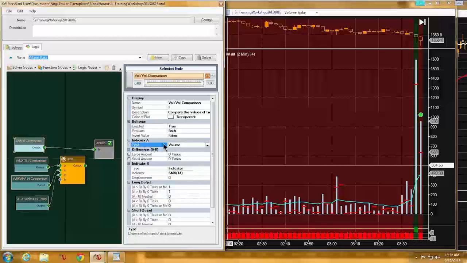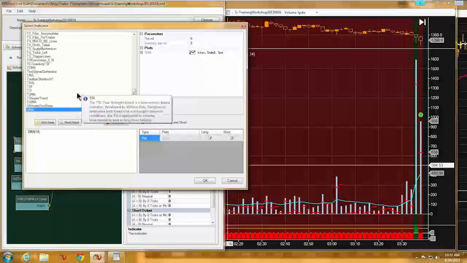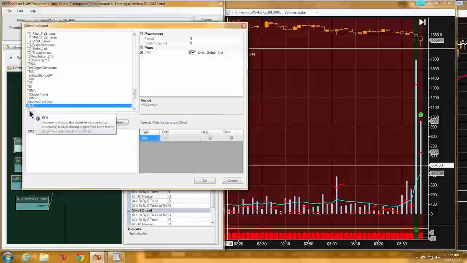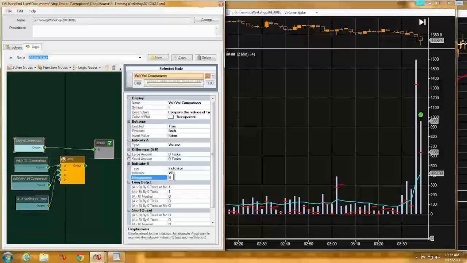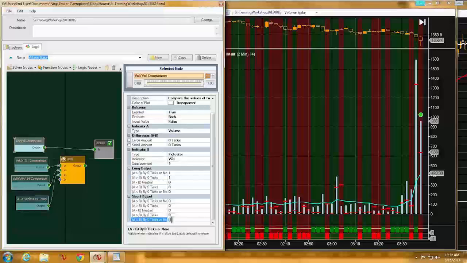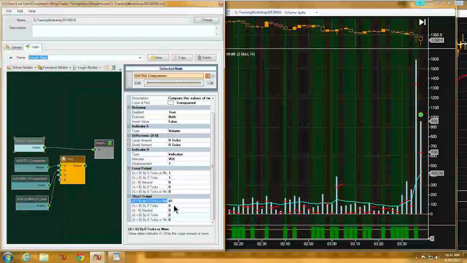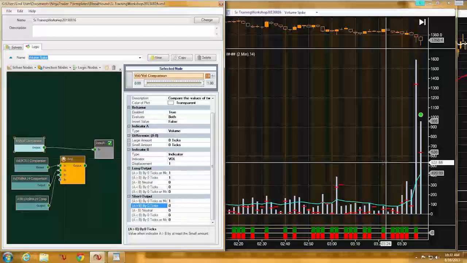As you can see, when I changed the type to volume, the displacement parameter went away. So for indicator B, I'm just going to have to put the regular volume indicator in there. All right, there we go. And now I can set my displacement to 1. And I have to change my short outputs again. All right, so good. There we go.